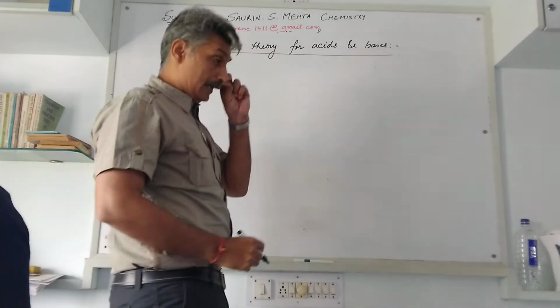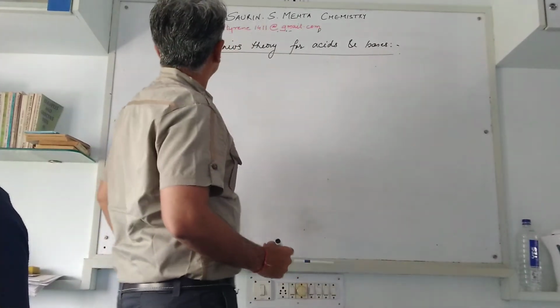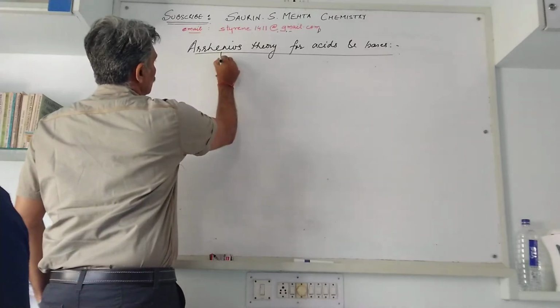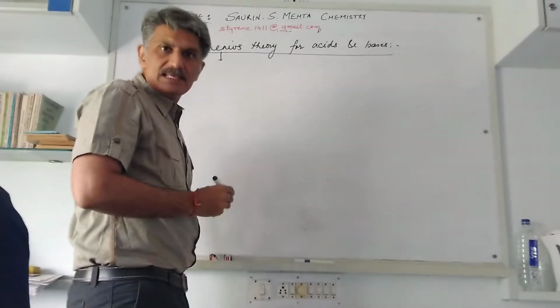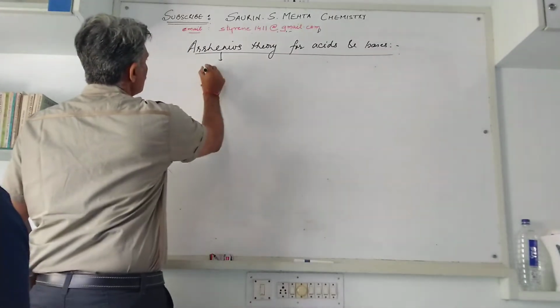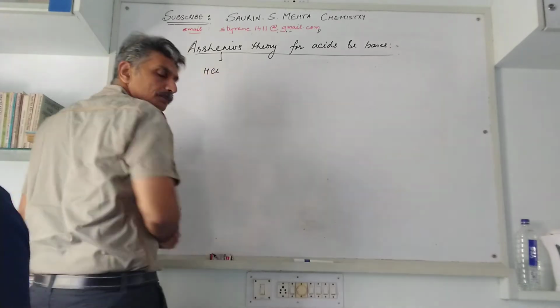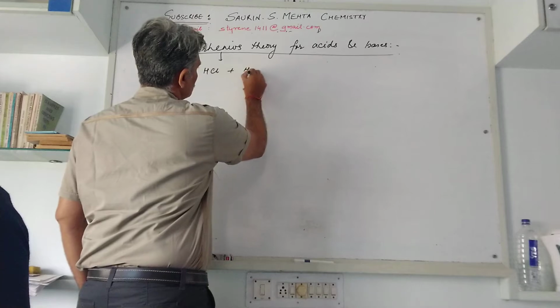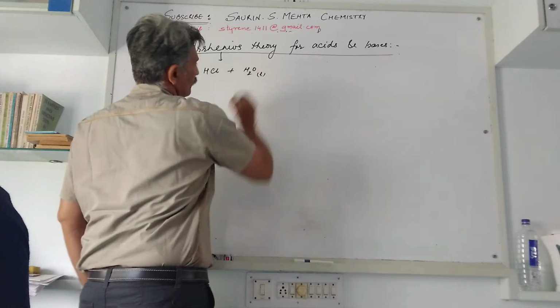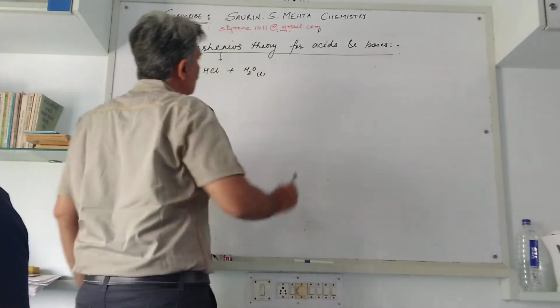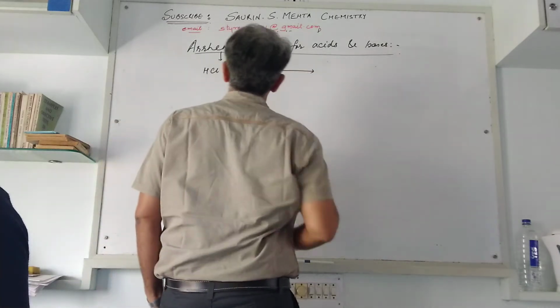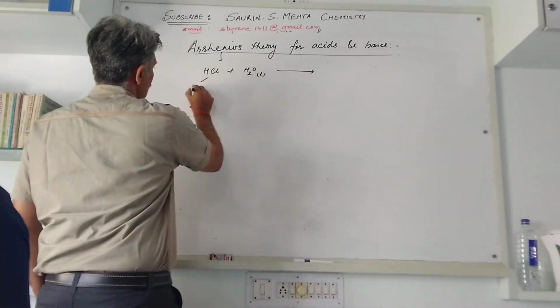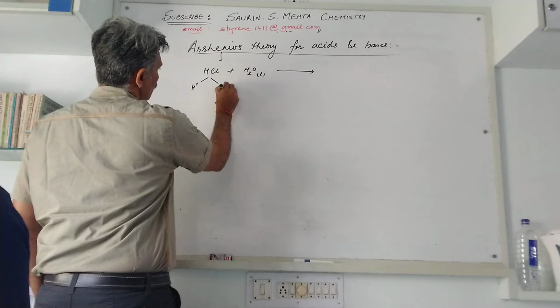According to the scientist Arrhenius, if an acid, like suppose let us consider HCl, is introduced in water, then this hydrochloric acid ionizes into H plus and Cl minus.